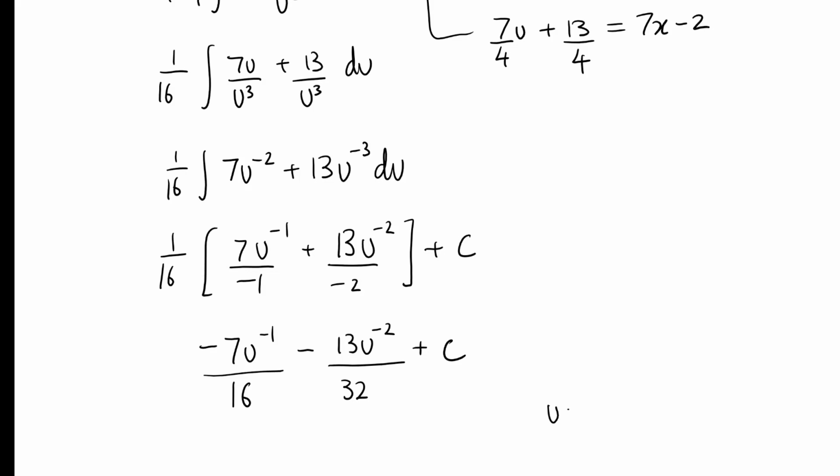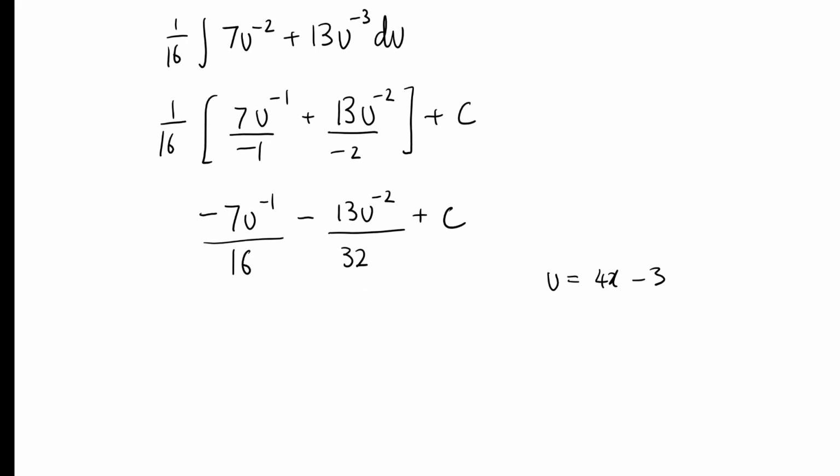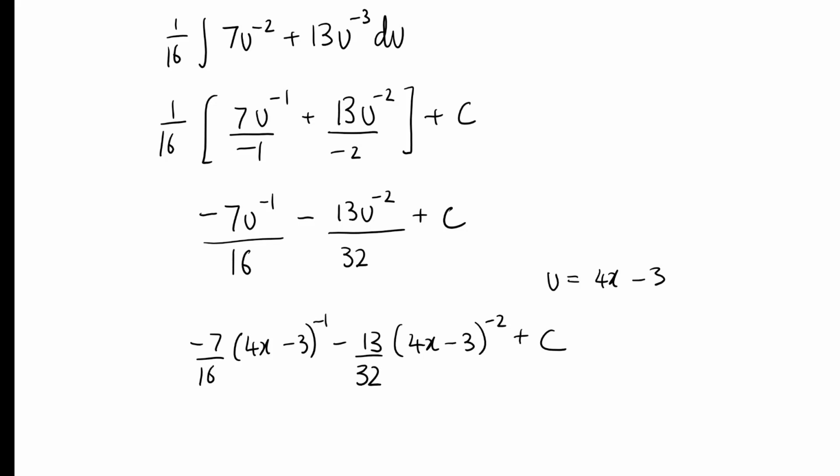So u is equal to 4x minus 3. Minus 7 over 16 times 4x minus 3 to the power of minus 1, minus 13 over 32 times 4x minus 3 to the power of minus 2, plus c. That's the answer.